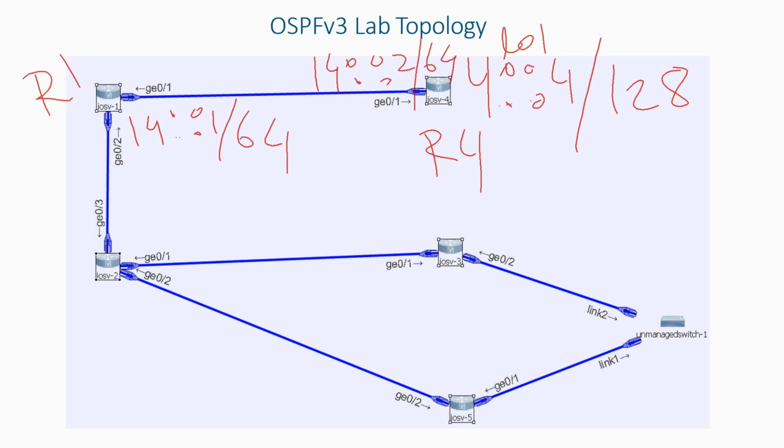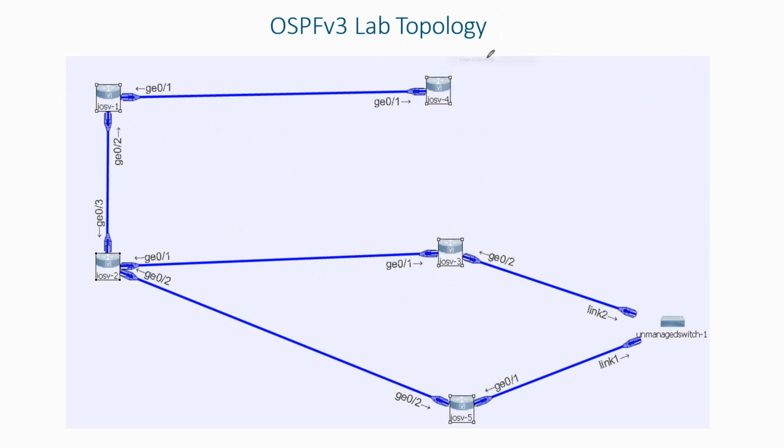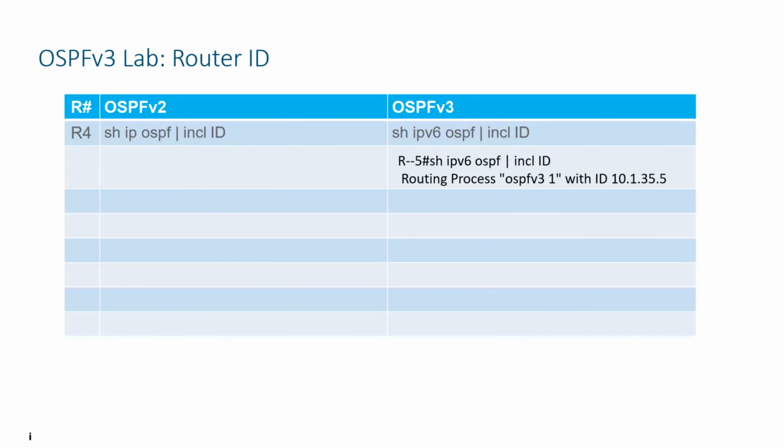Again, if we have router number 2 and router number 3, I'm using 23::1/64 here, and then 23::2/64 on this interface. So like that, you'll find the address schema, and that's why I haven't put all this information in this diagram. Once you see the lab, you'll understand. Very easy and straightforward, correct? And the complete configuration you will find in this particular document as well.